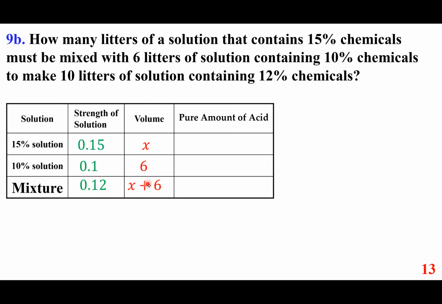This comes from the fact that you're mixing them up. Now, these two, if you multiply, you get 0.15x here. That's the pure amount, because only 15% is pure or actual amount. 0.1 is just the pure amount of chemicals, doesn't have to be acid, whatever that chemical is, okay?